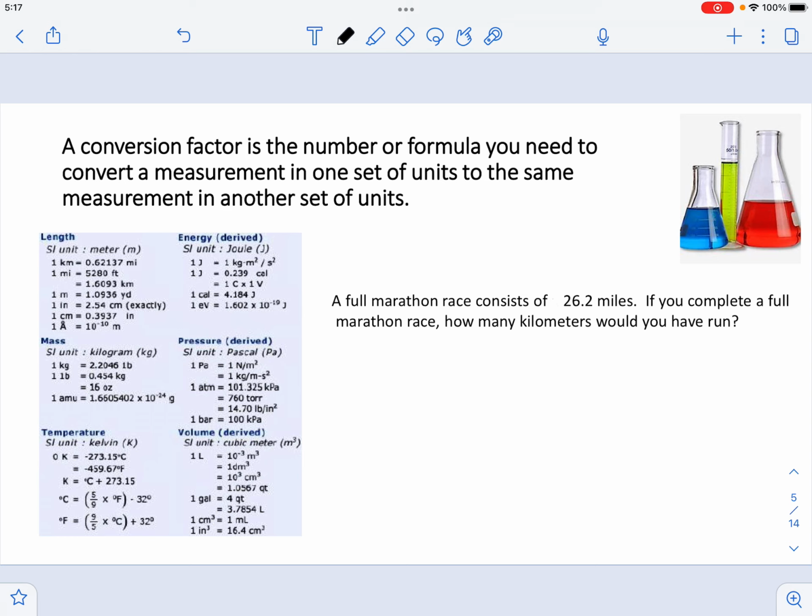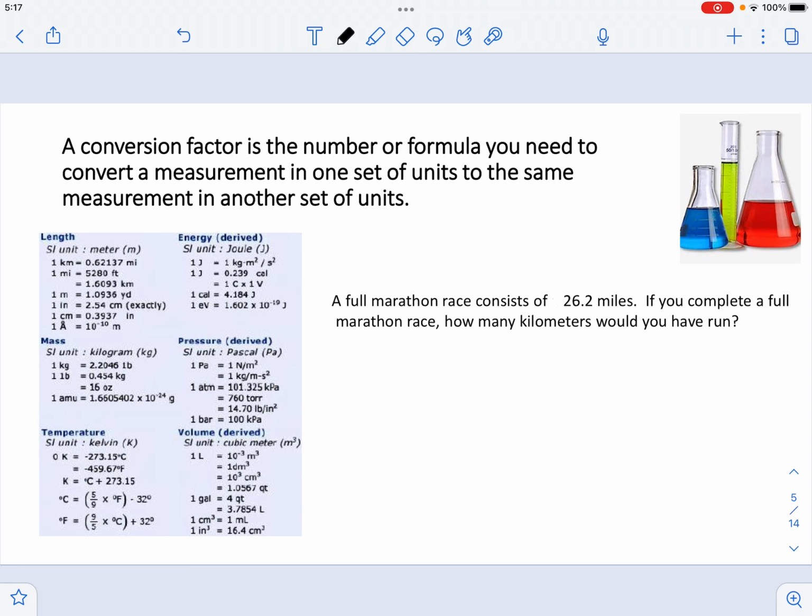In the lab sheet for Lab 2, there is a table for unit conversions for length, energy, mass, pressure, temperature, and volume. This is how you utilize these conversion factors for conversion problems.